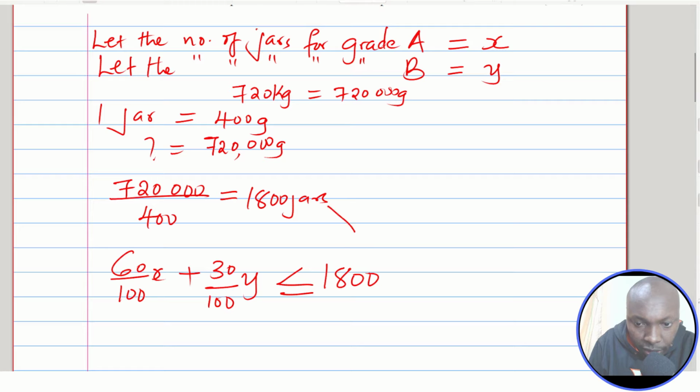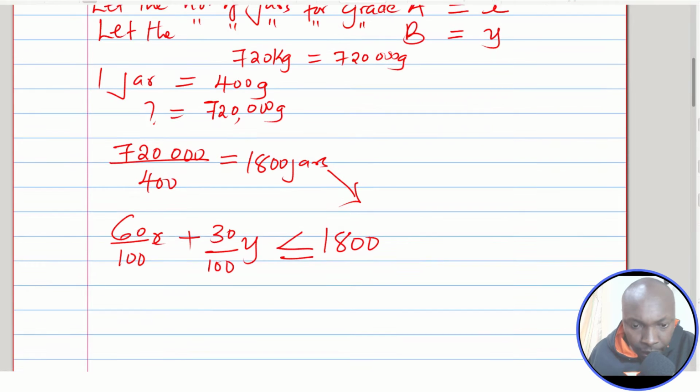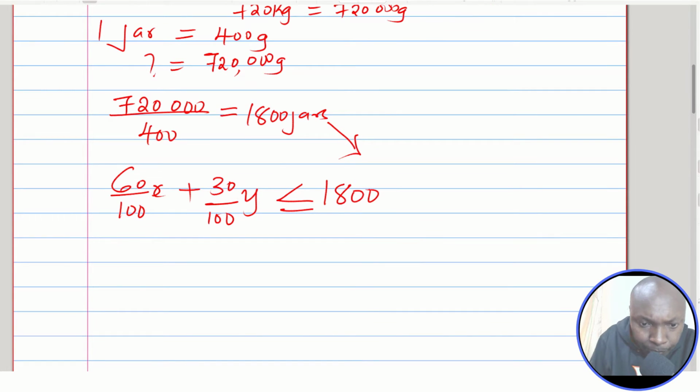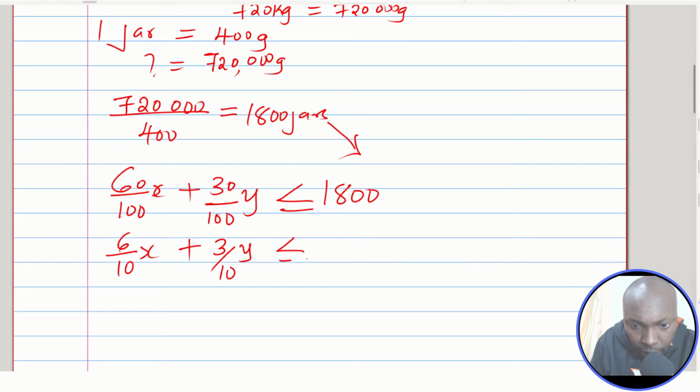We can simplify these. This is the same as 6 divided by 10 x plus 3 divided by 10 y less than or equal to 1800. If we multiply everything by 10, we get 6x plus 3y less than or equal to 18,000.